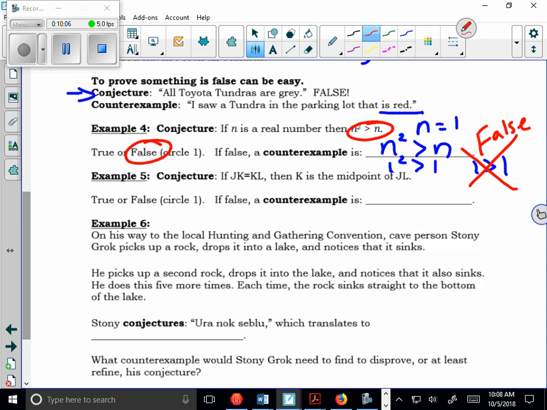A counterexample that I could give is if I put them in the context of this triangle, J, K, L. I can still say that that's true. That gives me an isosceles triangle. But K is not the midpoint of this. K is one of the endpoints of each of those sides, but I cannot say, regardless of if those are equal, that K is the midpoint of JL. So that one is also false.